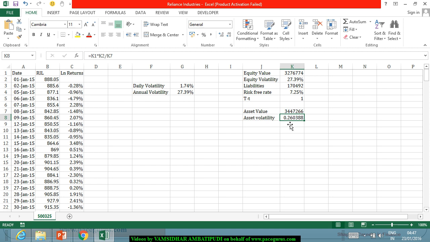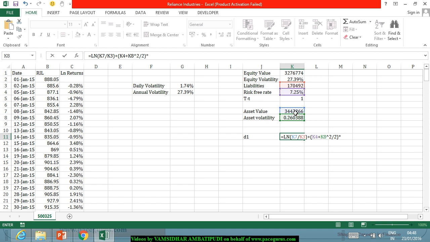But remember, these will all keep changing. This is the Black-Scholes formula I would be using here. First, for the Black-Scholes formula we require D1, which we have already applied earlier: log of AT by L, that is log of asset value divided by liabilities, plus R plus sigma squared by 2, multiplied by T minus t.